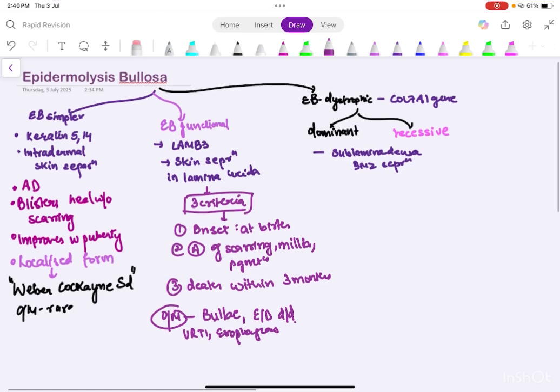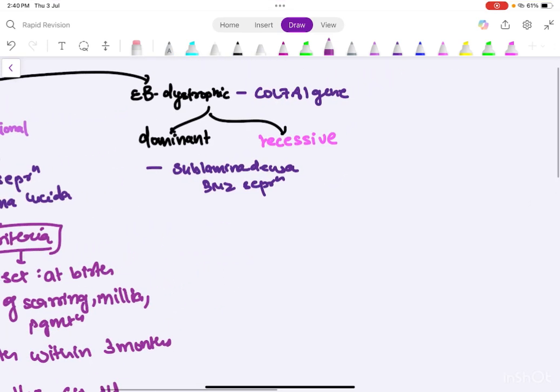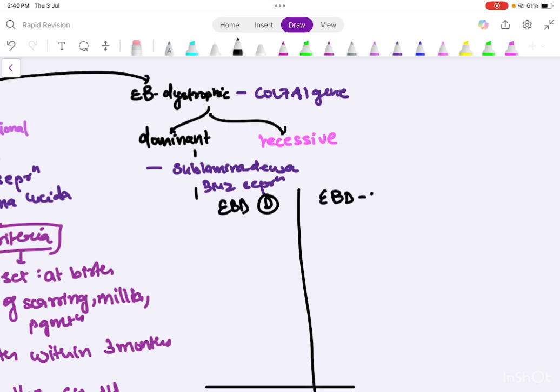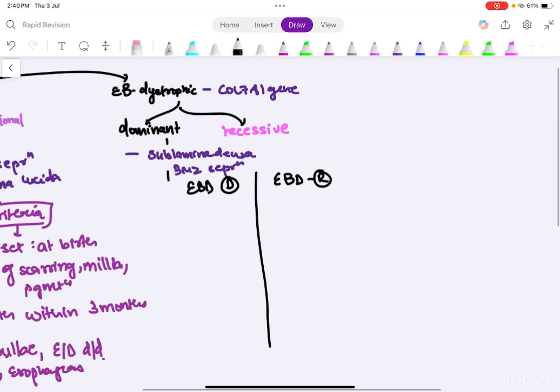Okay, now let's talk about epidermolysis bullosa dystrophic. There is the dominant form, EBD, and the recessive form, EBDR. The dominant form can occur at infancy, and also at puberty. The recessive form is present at birth.